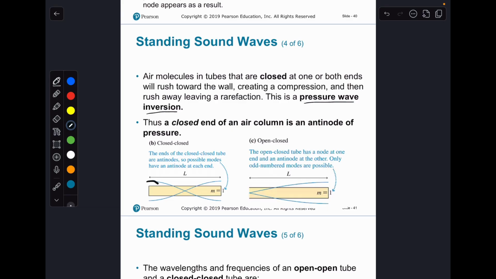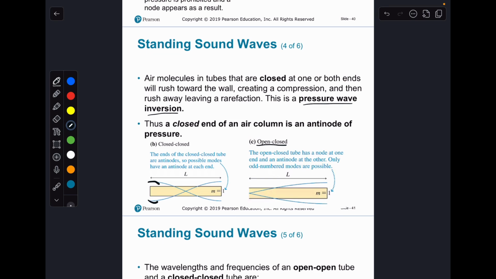It goes from a positive to a negative amplitude. For a closed tube, the antinodes occur at the ends, and the nodes will occur half a wavelength away. For an open-closed tube, one side is going to be the node, the open side, and one side is going to be the antinode, the closed side. So you're going to have a different relationship for open-closed. We're going to talk about that.